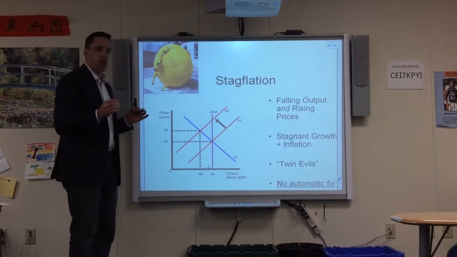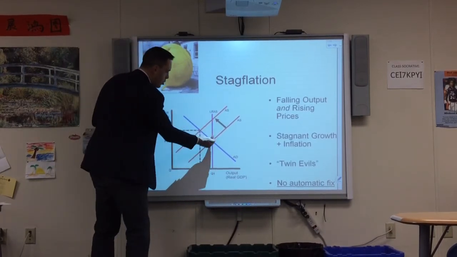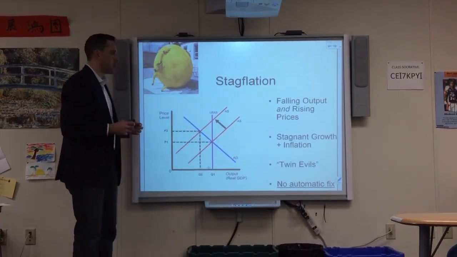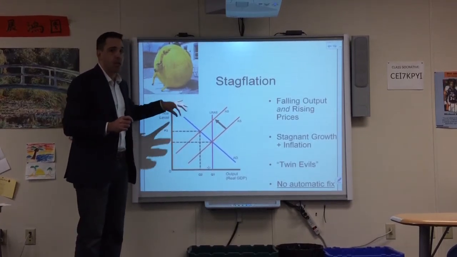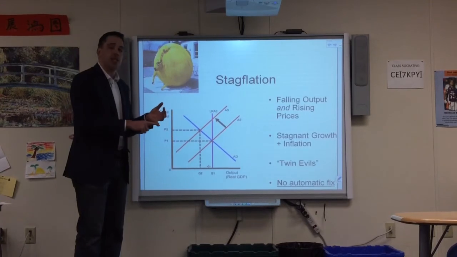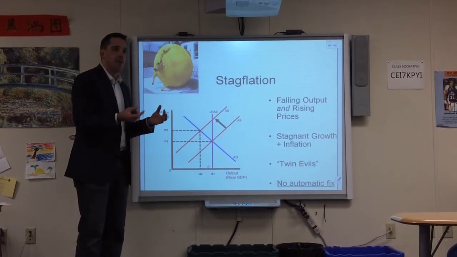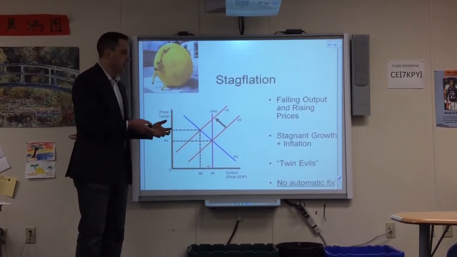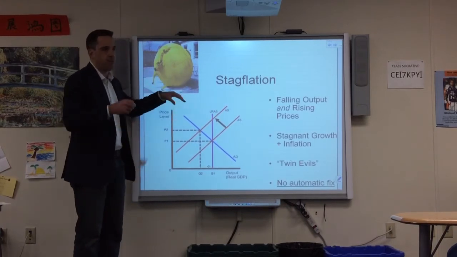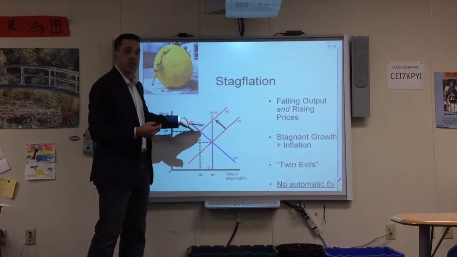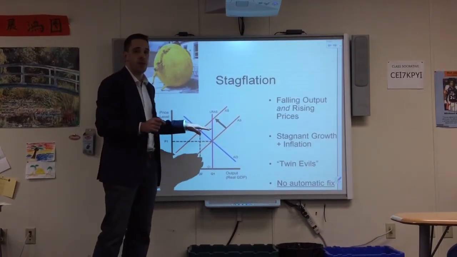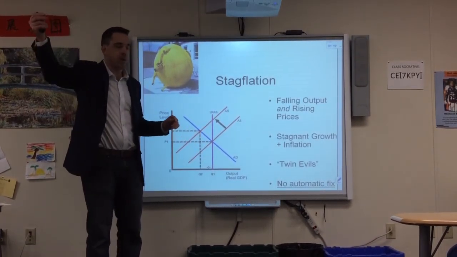There are other fluctuations. If we have a leftward shift of aggregate supply, this is called stagflation. This is really, really bad for the economy because prices are getting more expensive and more people are out of work. At least with a recession, price levels fall and eventually it fixes itself. Here there is no fix because workers won't go back for less money because prices are getting more expensive.